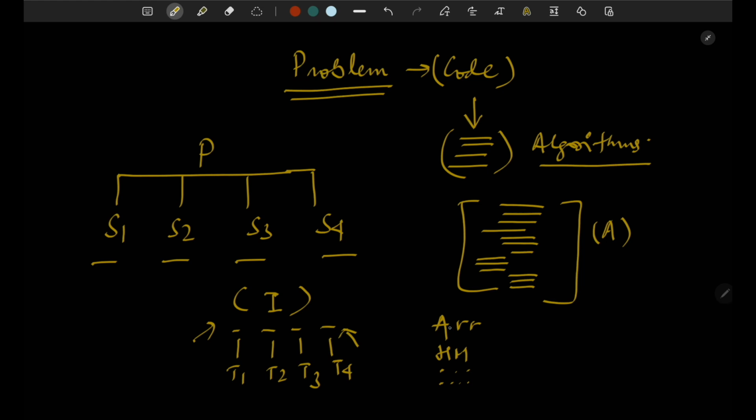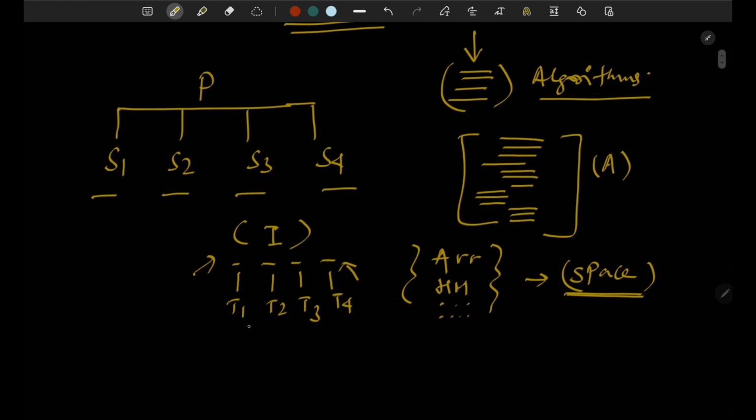Based on your use case, whatever data structure is going to be used will lead to the space requirements. Essentially this is called the space complexity, and the time taken by the solution is called the time complexity. This is the core idea behind the topic of time and space complexity.